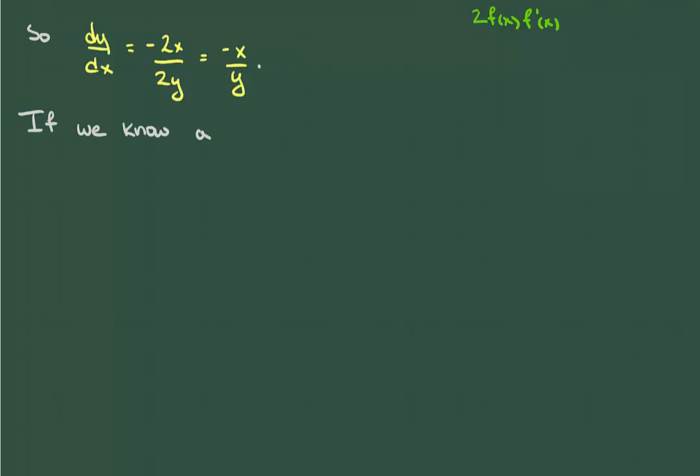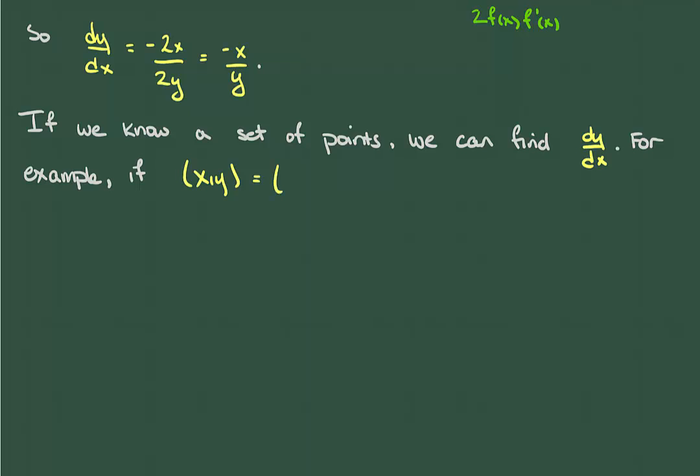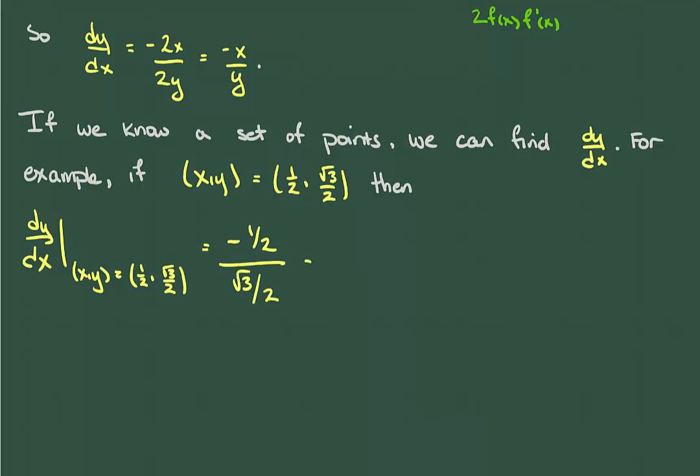If we know a set of points, we can then actually find a numerical value for dy/dx. For example, we found that (1/2, root 3 over 2) lies on the circle, so we can plug that into our expression for dy/dx to get the following. But we know there's another set of points that occur when x is equal to 1/2, but that time, y is equal to negative root 3 over 2.